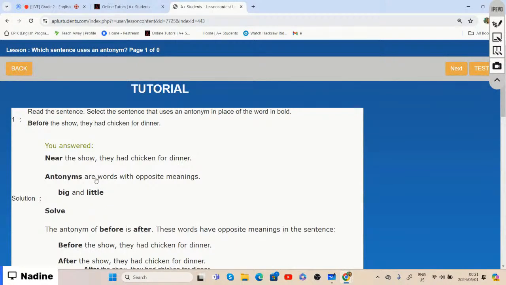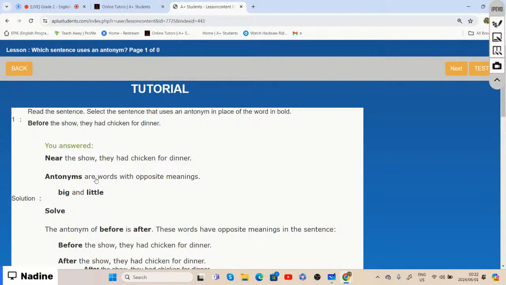And we said antonyms are words with opposite meanings. So just like we identified the sentence earlier on the whiteboard, we're going to do the same now with the online tutorial, right?